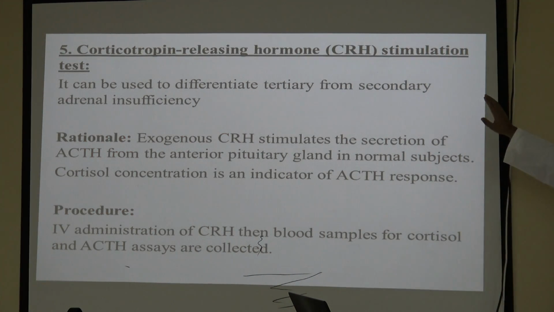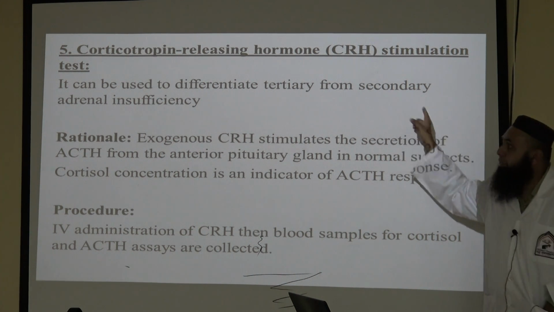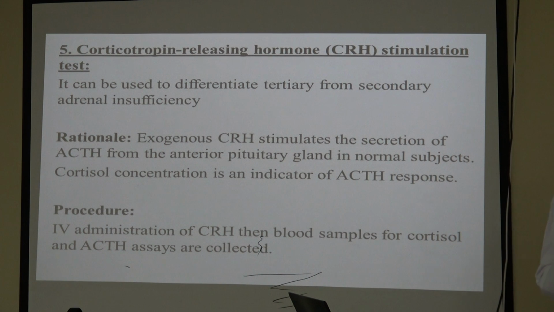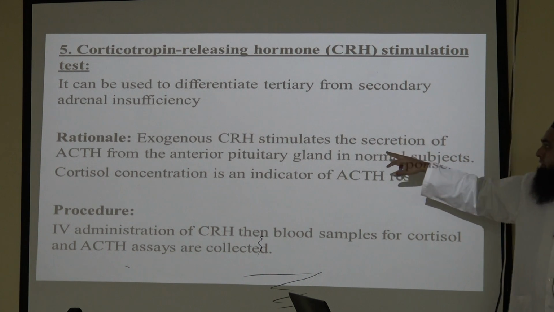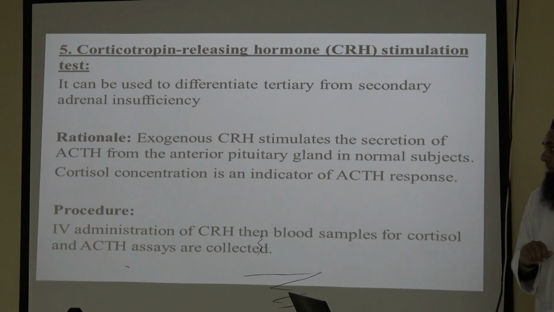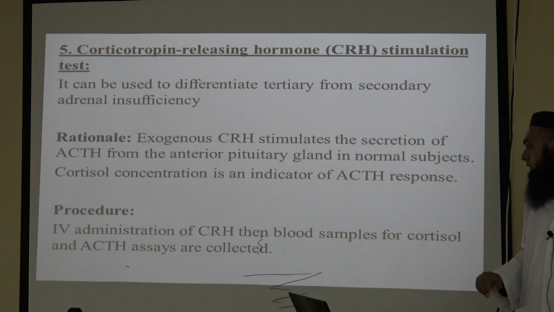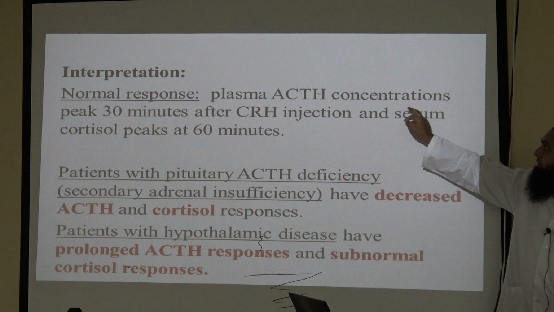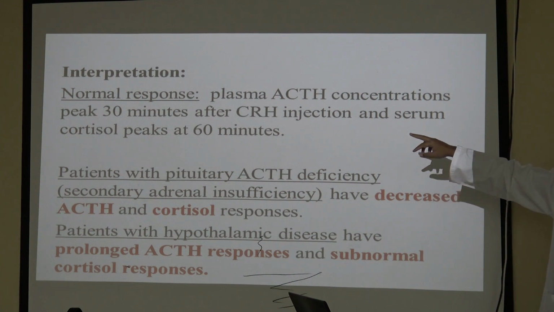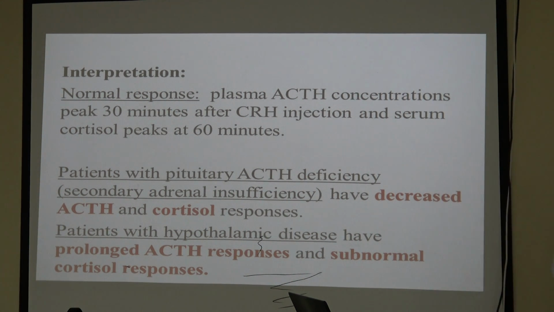The other test is the CRH stimulation test. Now this is to differentiate tertiary from secondary, that is, pituitary from hypothalamus. What is the problem? You give CRH, the releasing hormone, so it stimulates the secretion of ACTH. The normal response is that plasma ACTH concentration peaks 30 minutes after CRH injection.